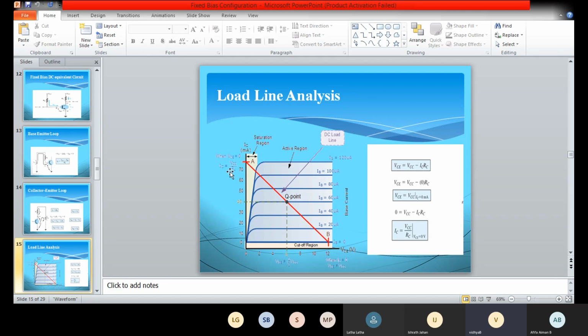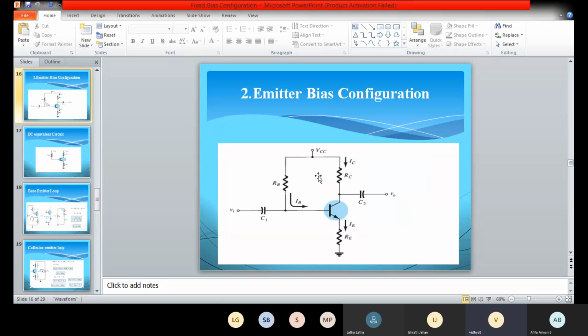That is IC equals VCC divided by RC when VCE is equal to 0. What about when IC is equal to 0? You get VCE equals VCC. When IC is equal to 0, VCE equals VCC. This is the load line analysis.